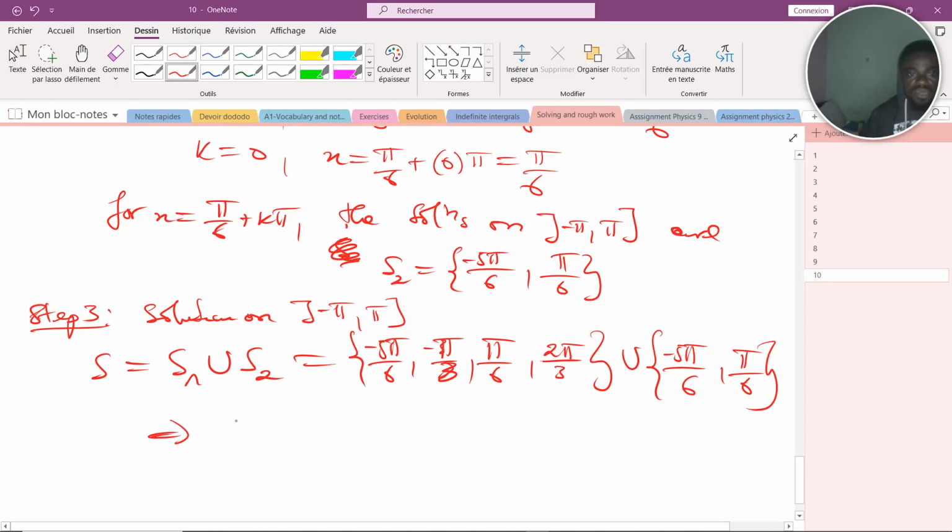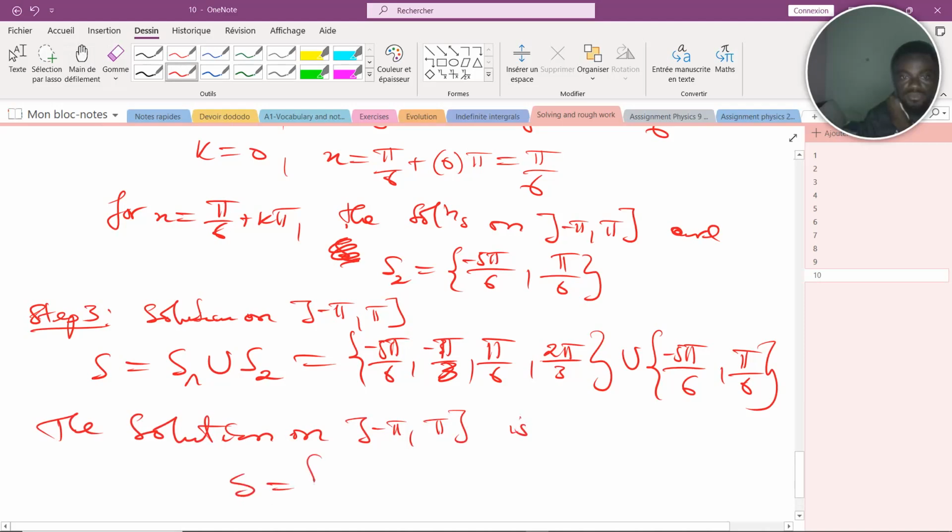So this implies the general solution. Let me write this. The general solution implies the solution on minus pi pi is S being equals to the union between these.